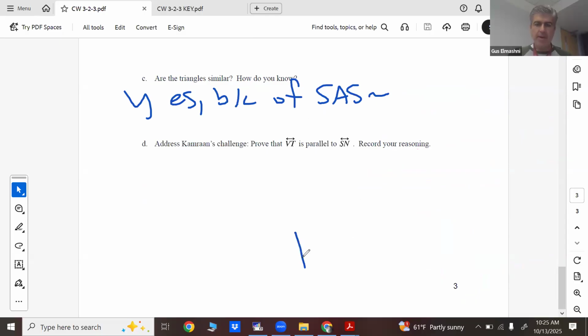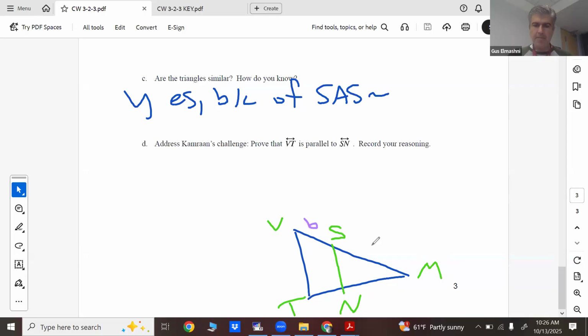So let me draw a triangle one more time for my purposes. You guys already have it. Here we go. So V, P, S, N, M. Again, that's B. That's A. That's D. That's C. So will SN and VT be parallel?